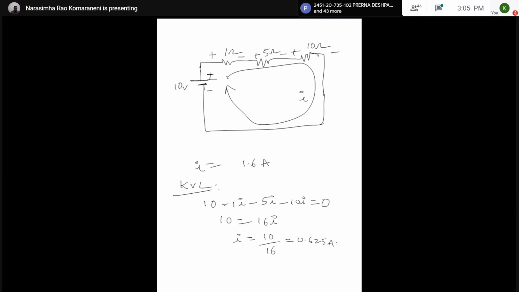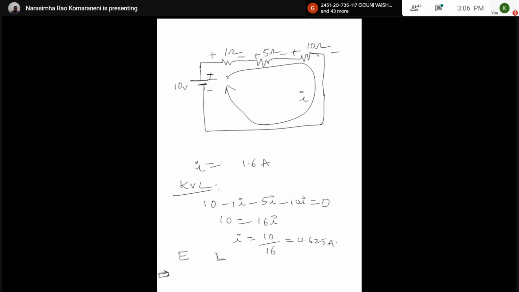Is it clear how we got this negative and how we got this positive? These sign conventions are clear? Yes, sir. See here, I'll write a simple short method: potential increment, potential decrement.